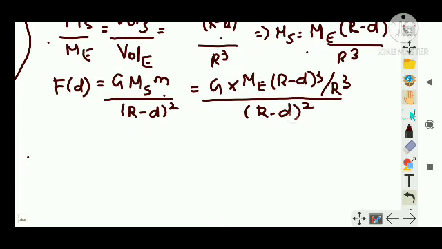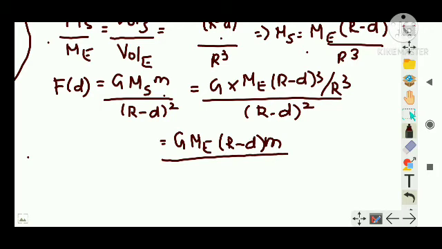Out of this, these two terms I can cut one factor, so it becomes G into Me into (R minus d) into small m divided by R cube, right? Clear?